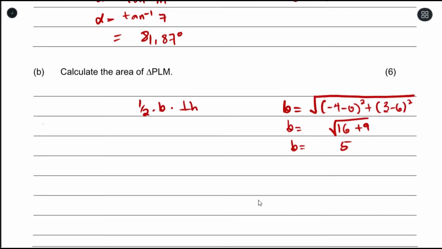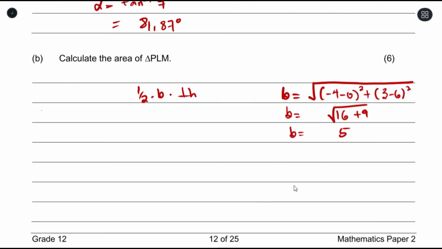Okay, so we have the base as 5. Now we need to get the perpendicular height.